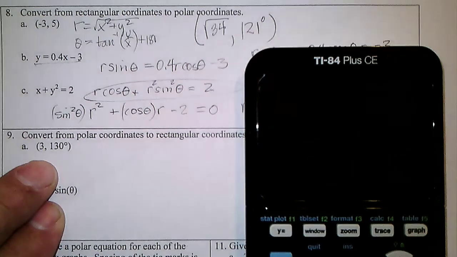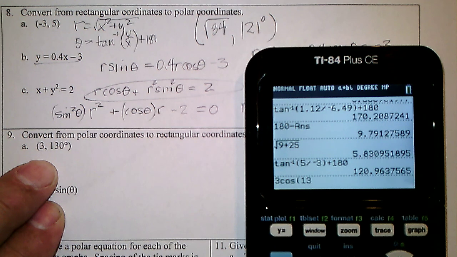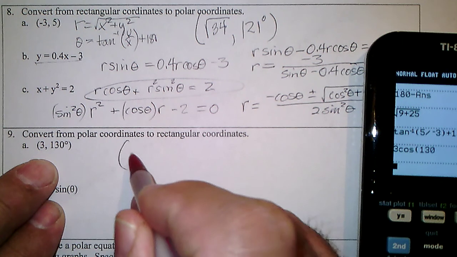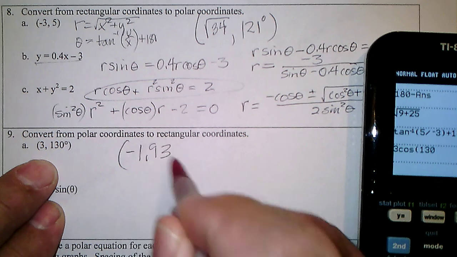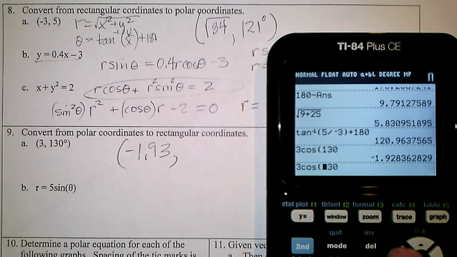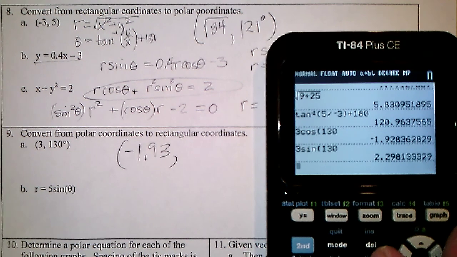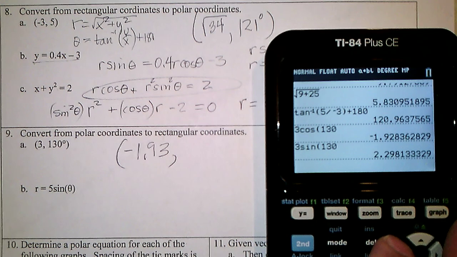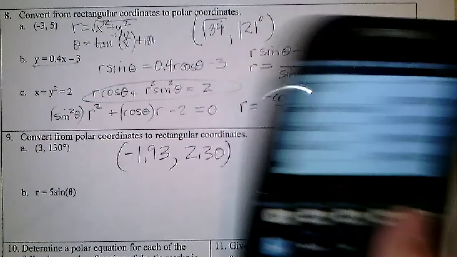So all we have to do is take 3 cosine 130, and we get negative 1.93, and then our sine theta, and we get 2.30 rounded off.